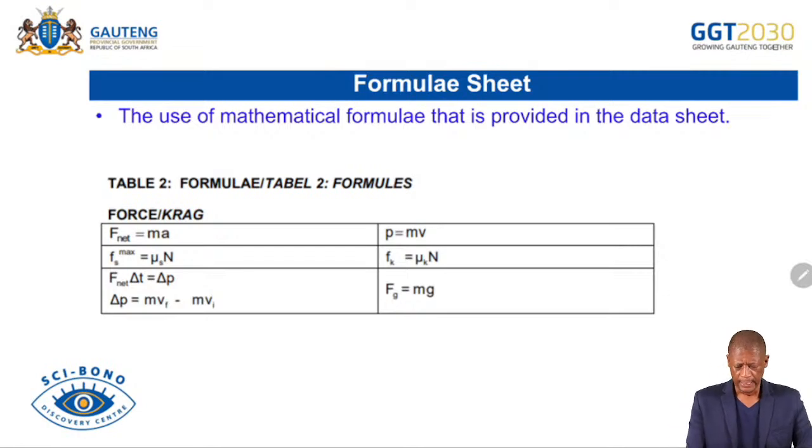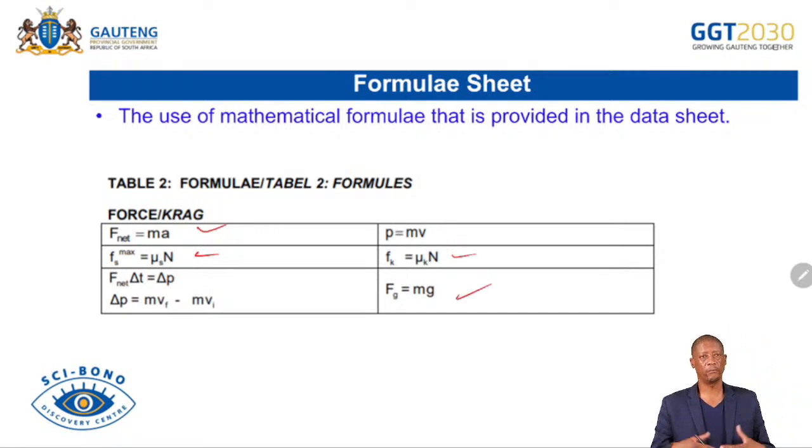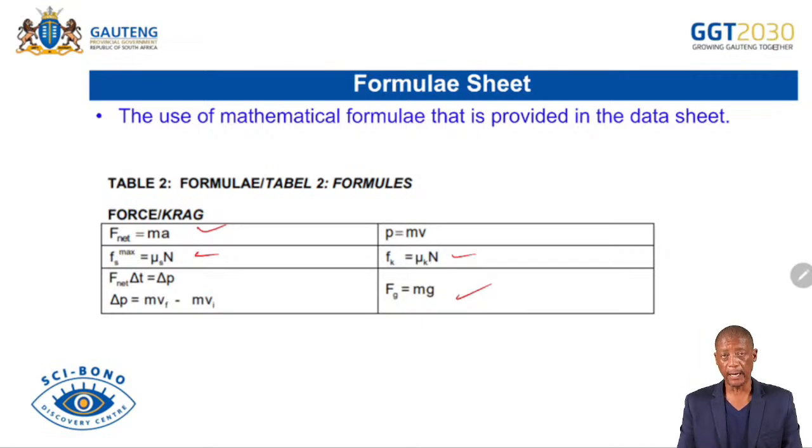Now, these formulas we dealt with last week. These are for force or the laws. So these are the formulas that we dealt with last week, for the forces. But for today, the formula that we are dealing with is this one, momentum.